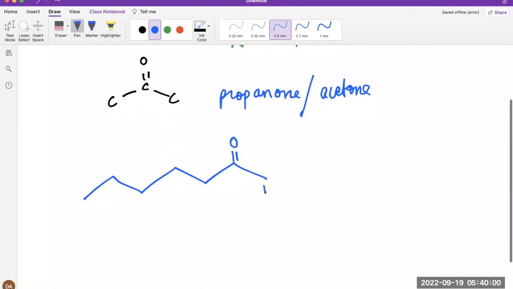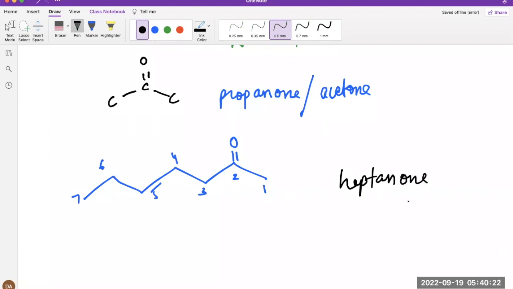So this is going to be 1, this is going to be 2, 3, 4, 5, 6, and 7. So again, guys, we know that the last name should have 7 carbons, so this should be heptane. So you say heptane, and then for the ketone we use -one at the end, so heptanone.